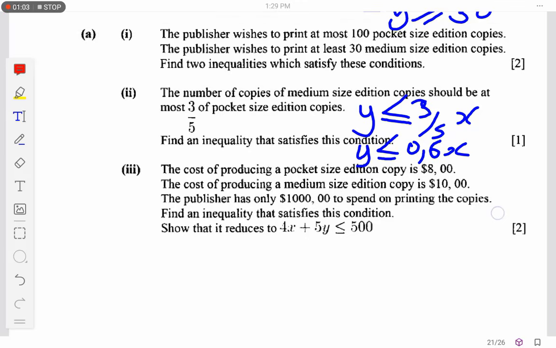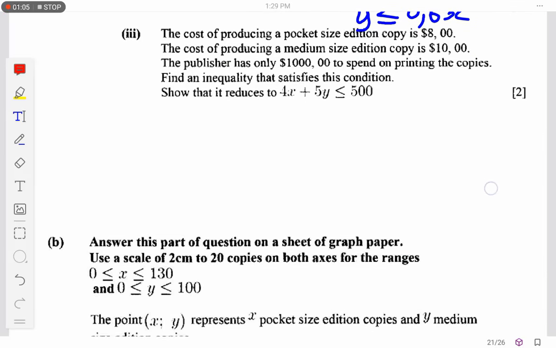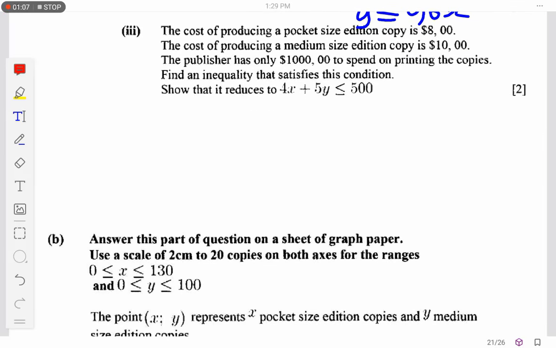Let's move on. We are now given that the cost of producing a pocket size edition copy is $8, so this is going to be by x here. Then producing a medium is $10, so this will be by y there. The publisher has only 1,000, so the maximum amount is 1,000. We don't want to spend more than 1,000.